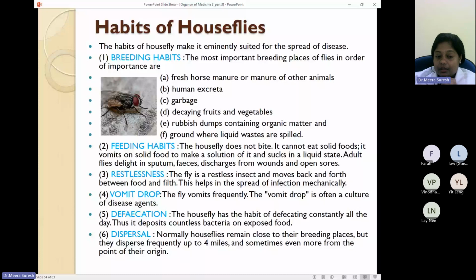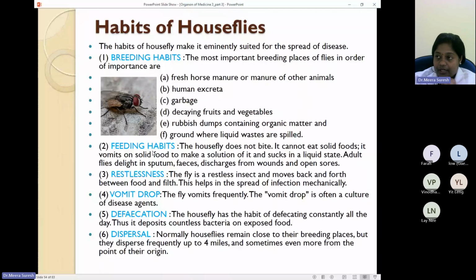Then dispersal. These normal houseflies remain close to their breeding places, but they can disperse frequently up to 4 miles, and sometimes even more, from their point of origin. In the case of mosquitoes, it is their breeding close to our human dwellings and their biting nature which causes the disease.